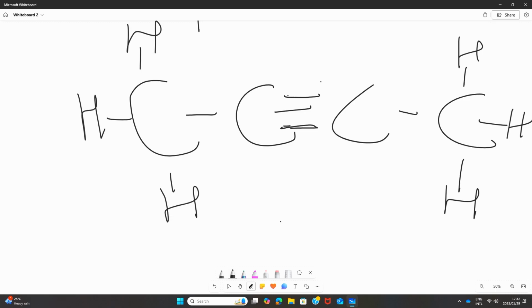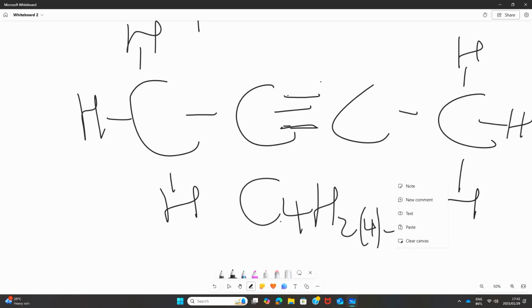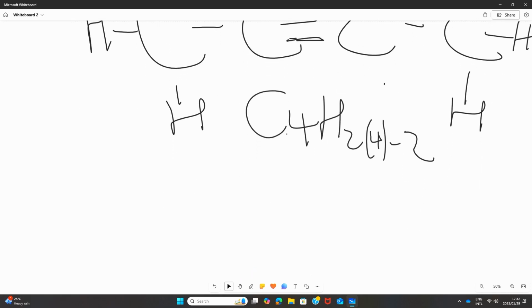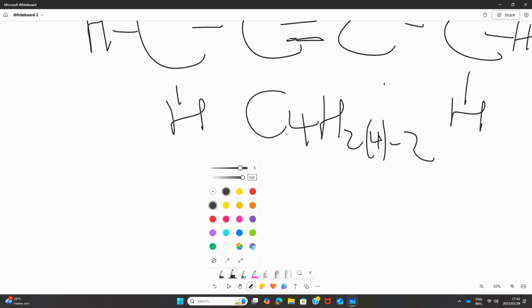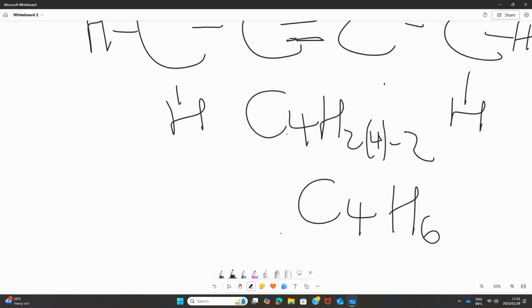So now this is C4H2 times 4 minus 2. 2 times 4 is 8 minus 2 is 6, so C4H6. This means your alkyne with 4 carbon atoms will always have a molecular formula of C4H6.